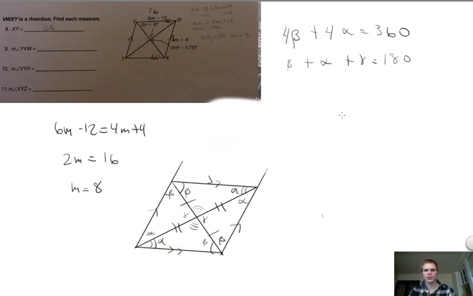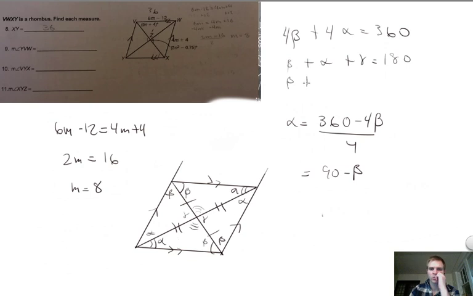Oh, maybe. Okay, we can solve both of these for alpha. So we will get alpha equal to 360 minus 4 beta over 4, which equals 90 minus beta. And then we can plug that into here. So this would be beta plus 90 minus beta plus gamma equals 180.